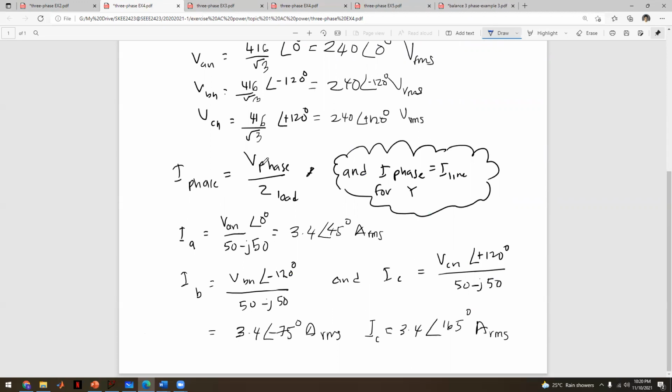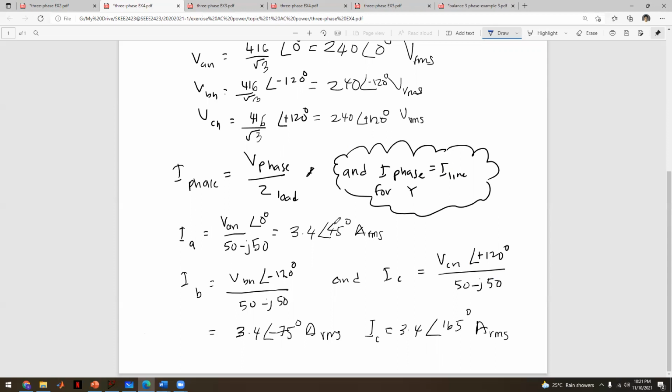So you substitute the V phase, which is 240 volts with an angle of 0, and the load is 50 minus j50. When you calculate, you will have IA as 3.4 angle 45 degrees.